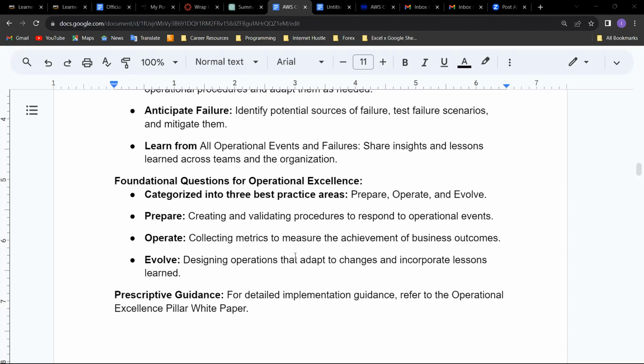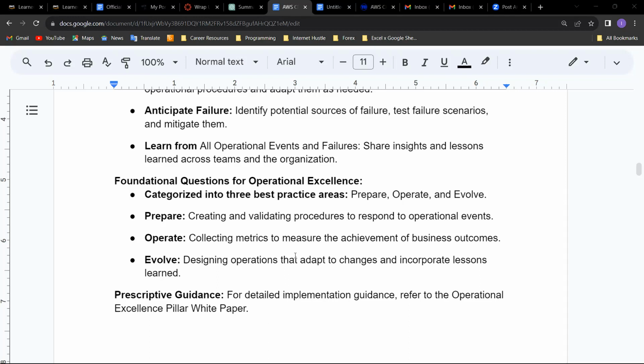Now, there are foundational questions for operational excellence, and they are categorized into three best practices: prepare, operate, and evolve. Preparing is creating and validating the procedures to respond to operational events. Operate is to collect metrics and measure the achievement of your business outcomes.